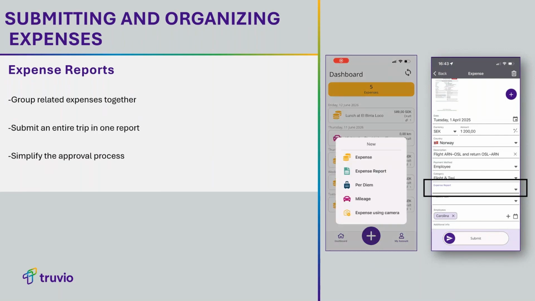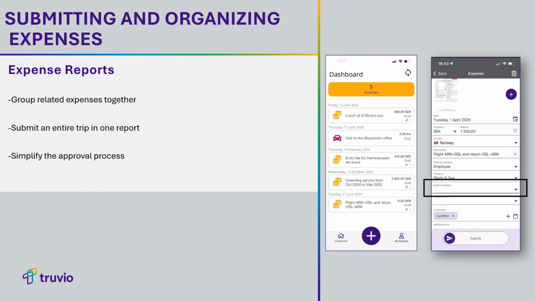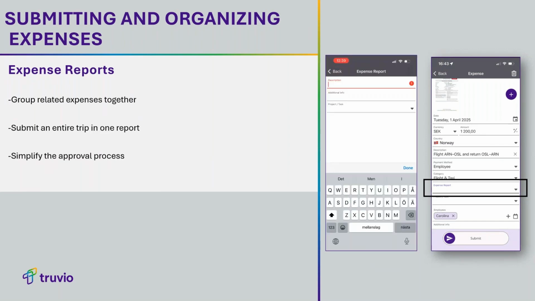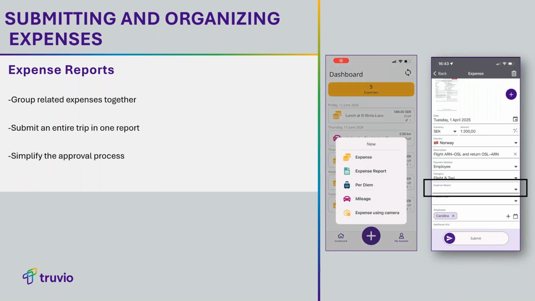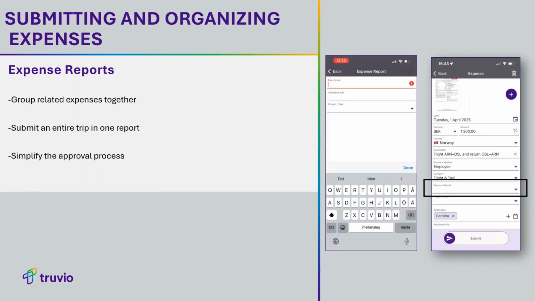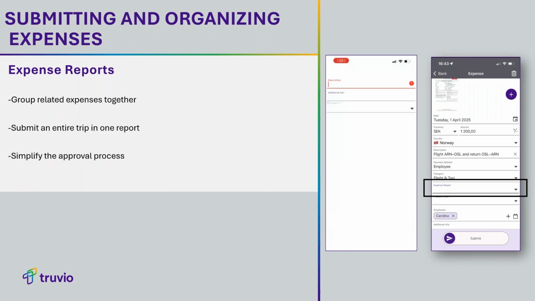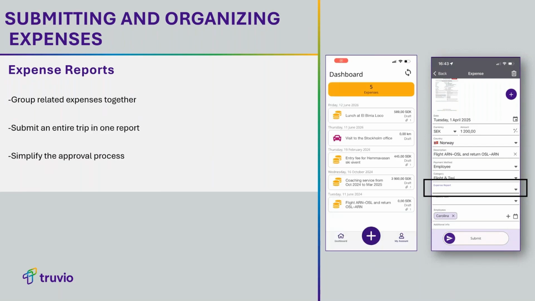And this allows you to collect all of the expenses from this trip in one place and submit them all together. And the tip is to create the report before you go on the trip, because then you can easily add the different expenses to the report as you go.